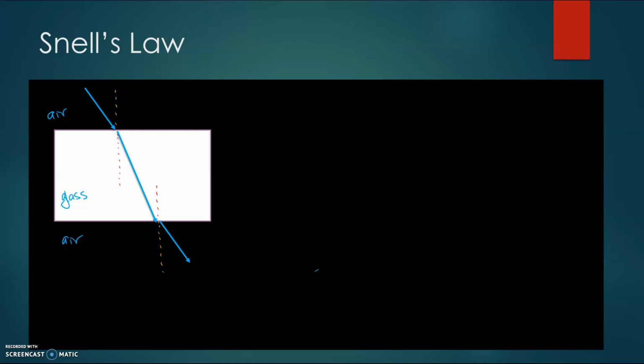So once again, we'll have our normal line, and this normal line is perpendicular to the surface. We're going to run that straight through, and we'll do it over here too. So this is a normal line, 90 degrees to the surface. And the light will come in at theta 1, and then it gets bent, and now the angle is going to be different, theta 2.